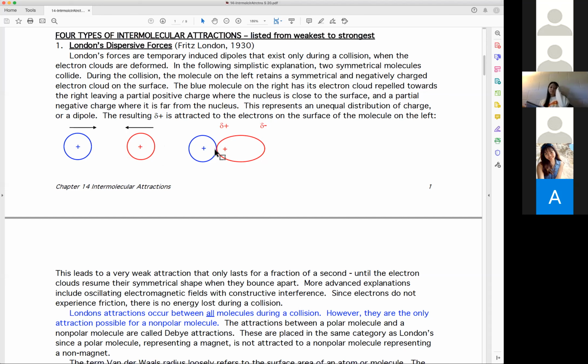So as they bang into each other, this one in red completely lost. Its electron cloud was way deformed over here. So here I have a whole bunch of electron cloud with not enough positive charge to neutralize it. So this is a partial negative side. This is a partial positive side because it's so close to the nucleus. So that partial positive is going to be attracted to what? The electron clouds of the other.